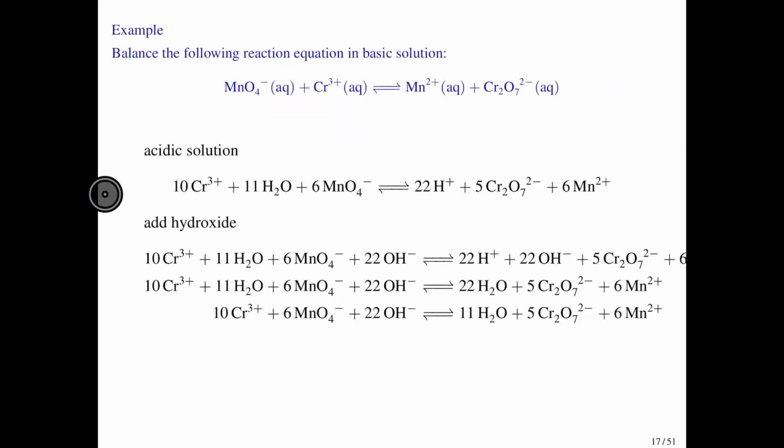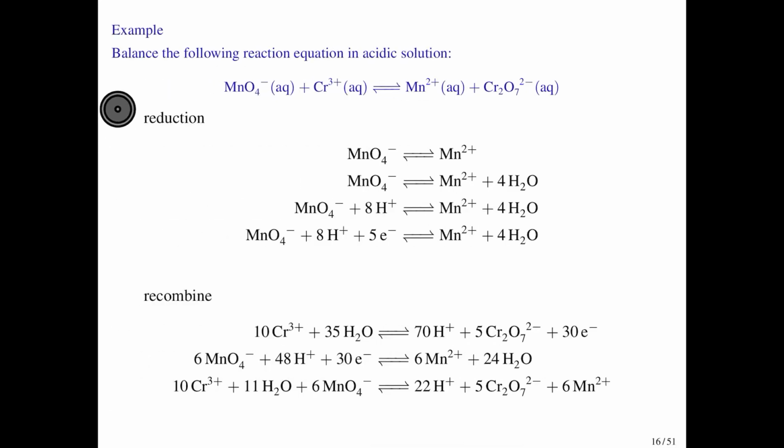I believe it's the same reaction, but now we're being asked to balance it as a reaction in basic solution. Okay, so in order to balance this reaction under basic conditions, you have to do all of this work that we've done and arrive at this equation. And then what we do is we convert it into a basic solution.